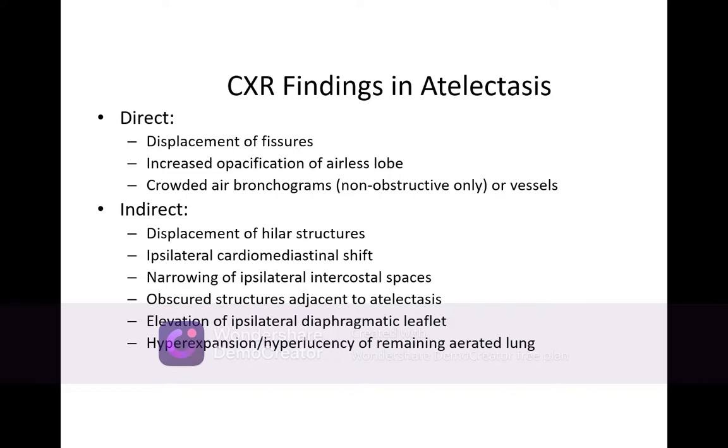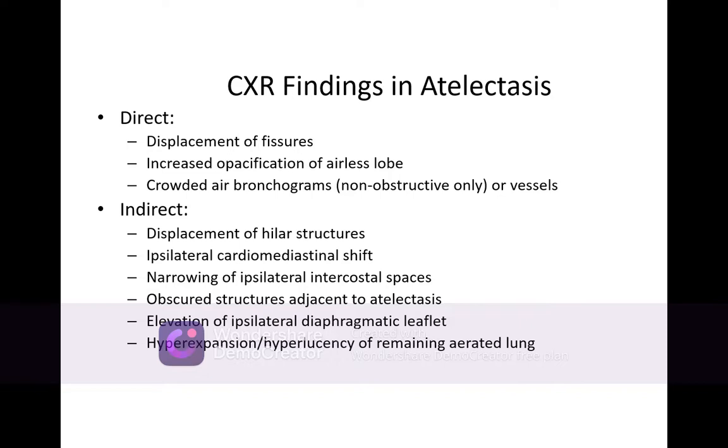Indirect signs on X-ray are displacement of the hilar structures, ipsilateral cardiomediastinal shift, and narrowing of the ipsilateral intercostal spaces. Structures adjacent to the atelectasis are obscured; haziness is there. The ipsilateral diaphragmatic leaflet may be elevated, or it may be depressed.